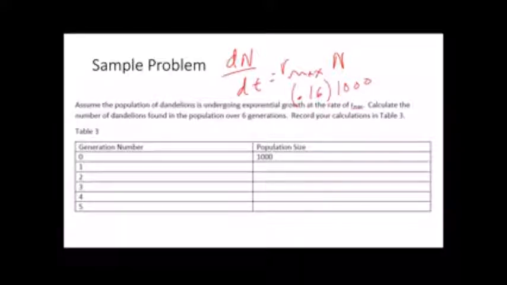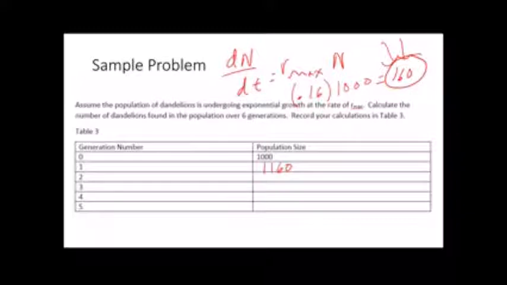So 1,000 times 0.16 is 160. That's how many new individuals total are added to our population. That's our change in population size over time. So we had 1,000, we added 160, which means after generation 1, we have 1,160 individuals.